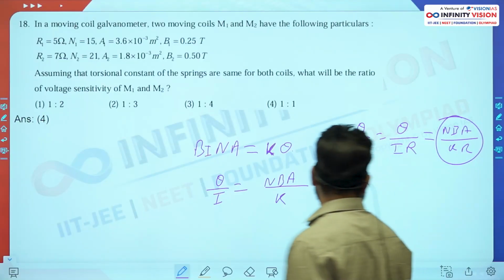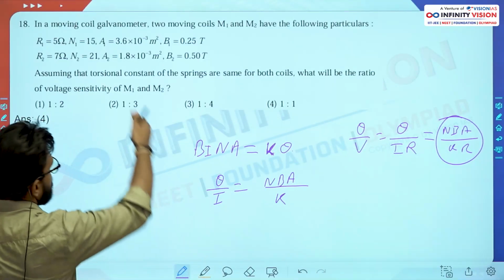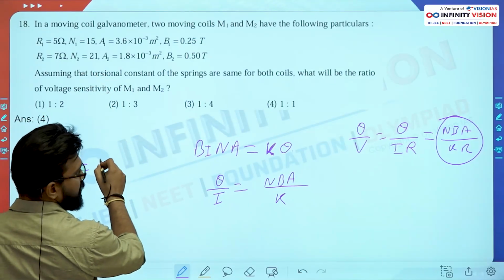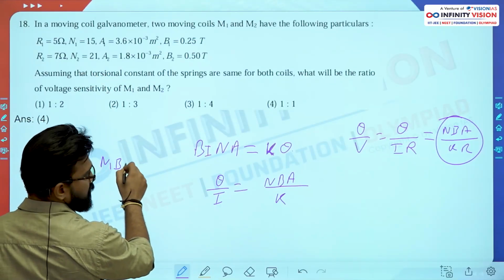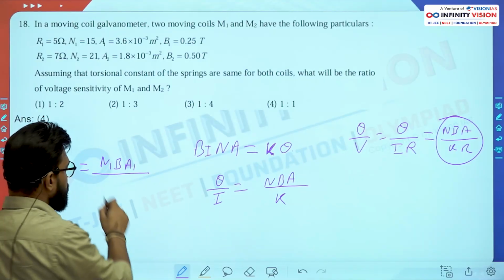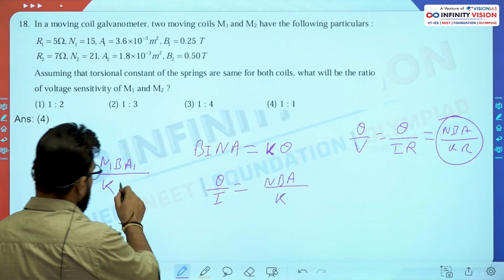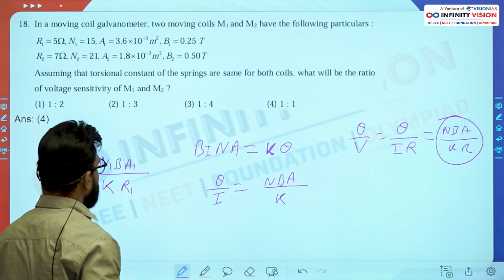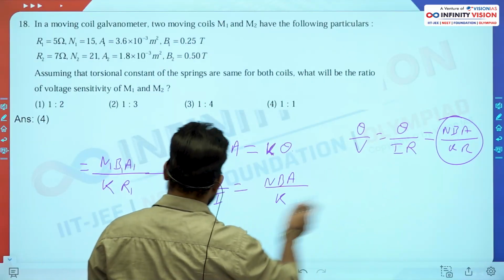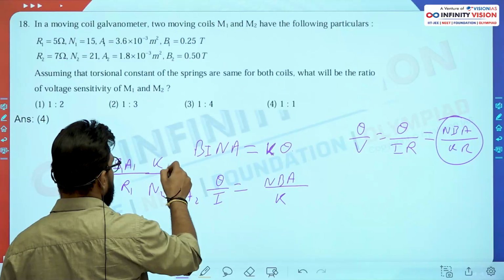We're going to take the ratio of the voltage sensitivity of first to the voltage sensitivity of second. So it would be equivalent to N1 B1 A1 divided by K R1, divided by N2 B2 A2 by K R2.